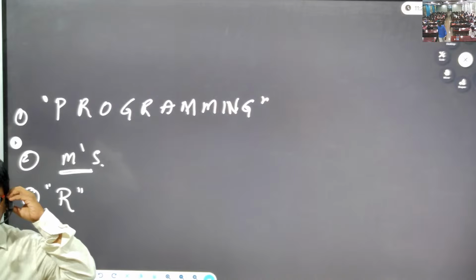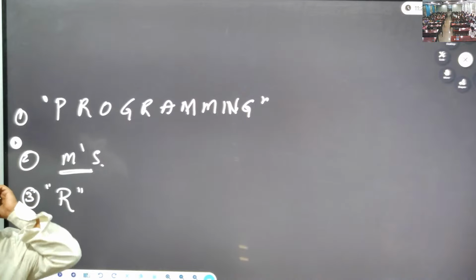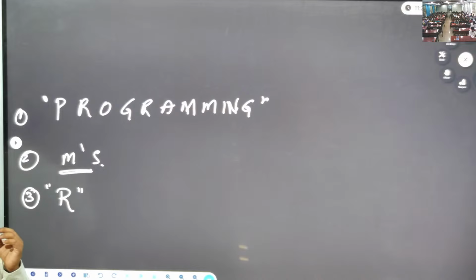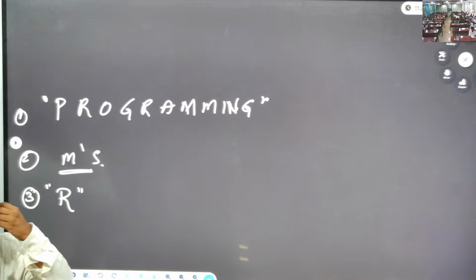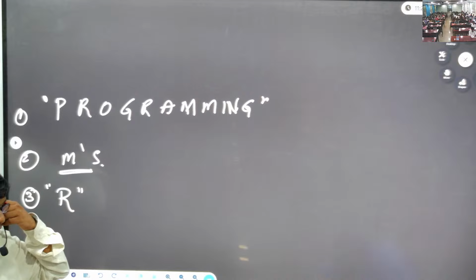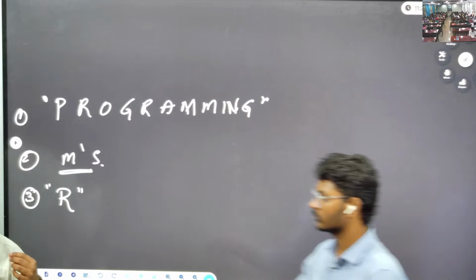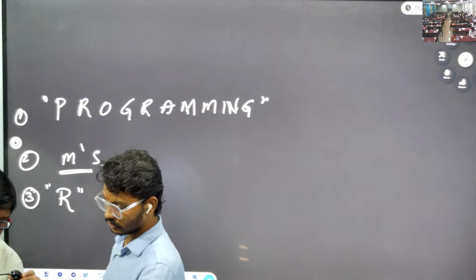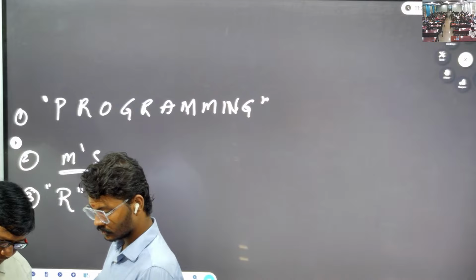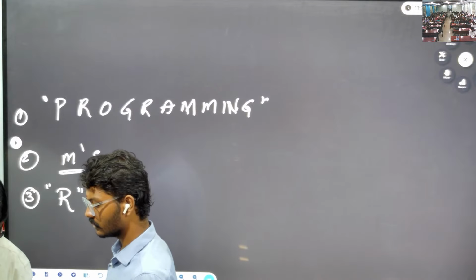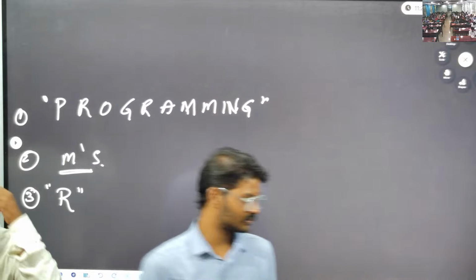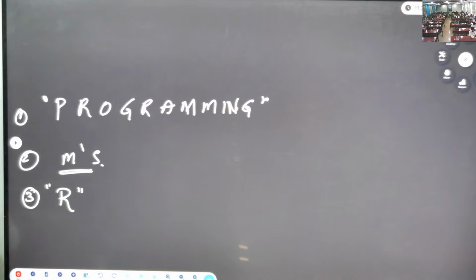How many values are you getting for programming? Up to what extent are you coming with? Right, so how many values are you getting?